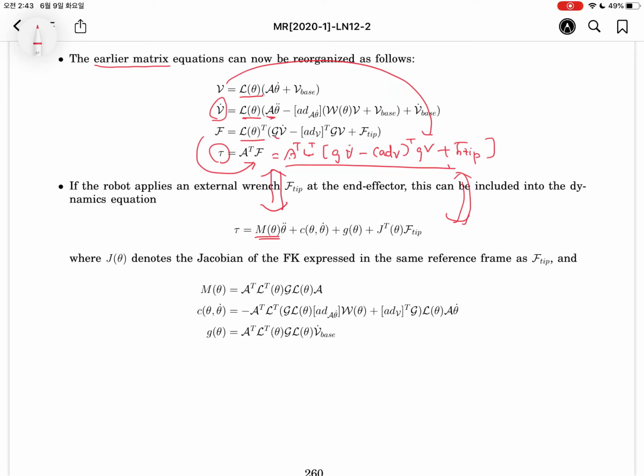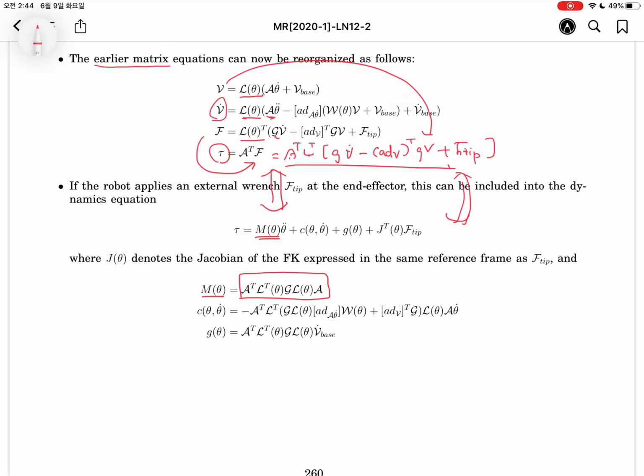So by multiplying the big matrix, we can determine the M. So like this we can derive the closed form of the inertial matrix, A transpose L, G, L, A.